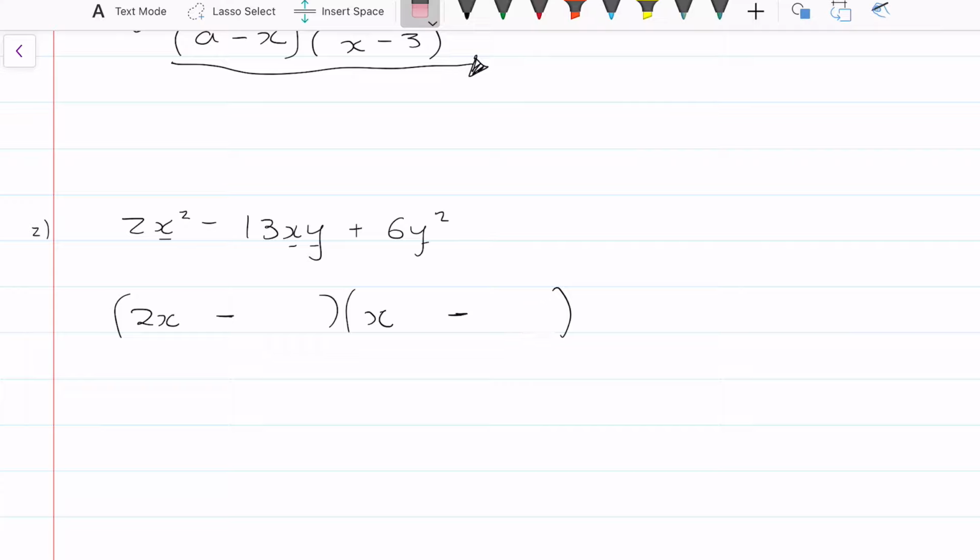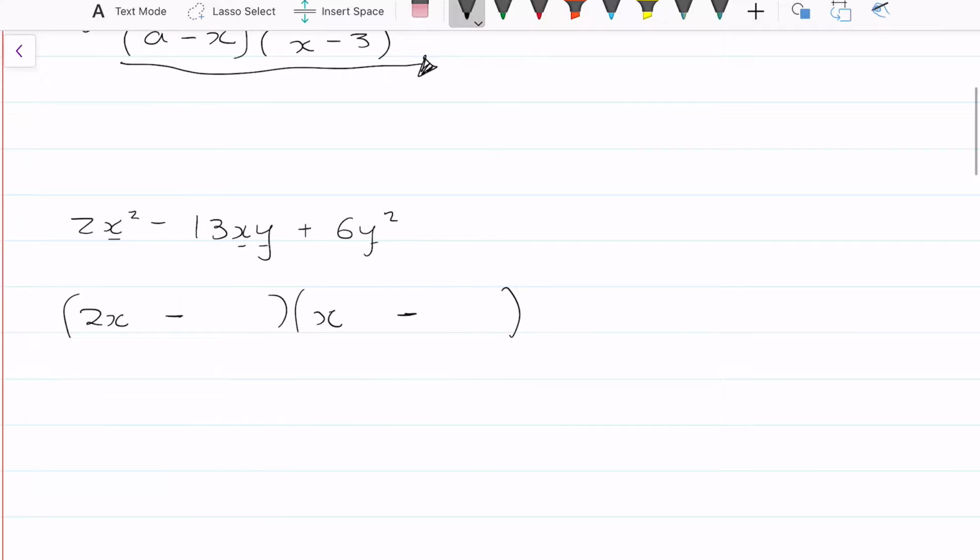How I do this is, you make a small table of some sort. So you have x and y. We know we have 2x, and we know we have 1x here. So what are our options? How could we get 13 in the middle? Let's start with a 6 here and a 1 here.